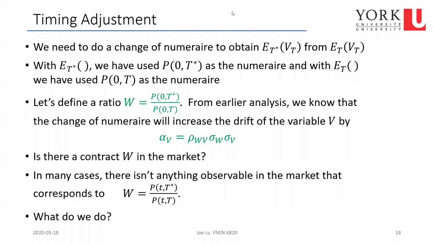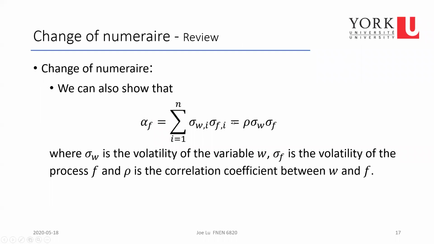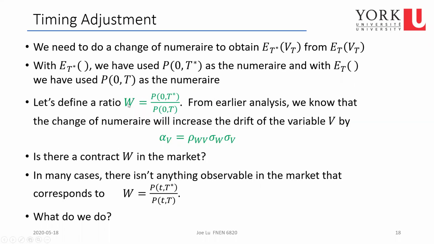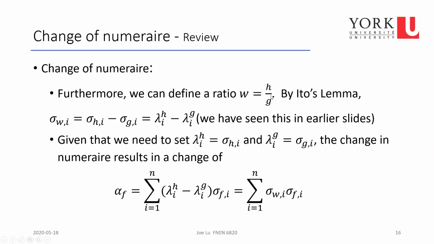Now to change from this expectation to this expectation, we first define a ratio. You have seen this earlier. So we define a ratio between two different numeraires, numeraire H and numeraire G. So you are changing from G to H.